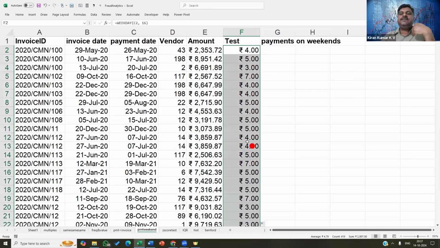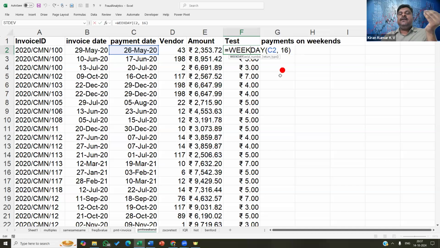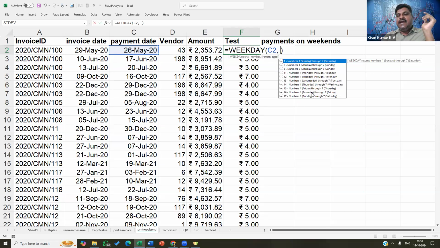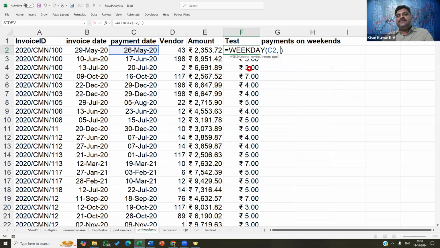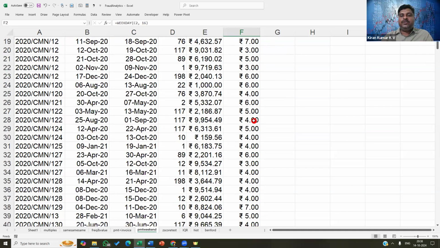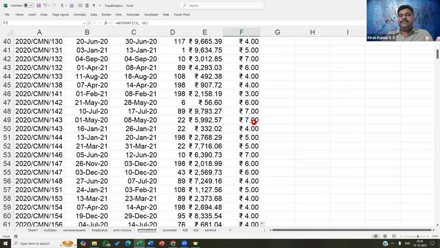Now here, what is my criteria? I want to check whether this is a weekend or not. Based on our logic, when we give the return type 16, Saturday is 1, Sunday is 2. That means if any of these values are less than or equal to 2, either 1 or 2, it must be a weekend, correct?